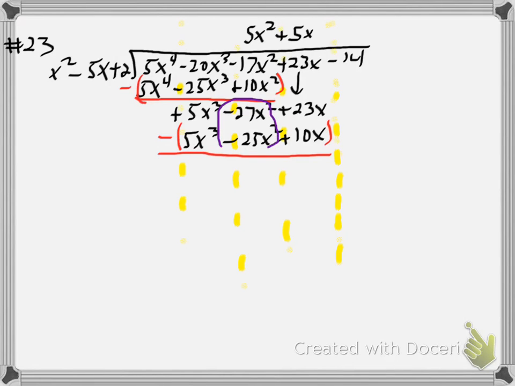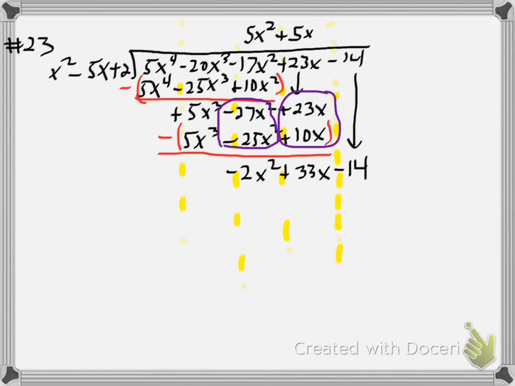People sort of get lost in the busyness of all this. Negative 27 minus 25 is actually negative 52, so that's negative 2x squared. And then I've got 23x plus 10x. It's 33x. Now I'm going to bring this down.